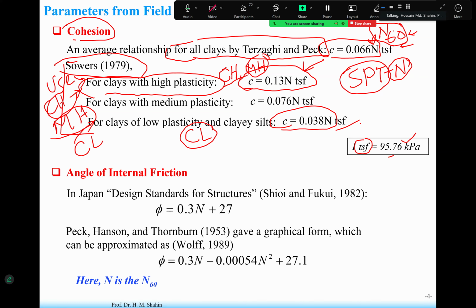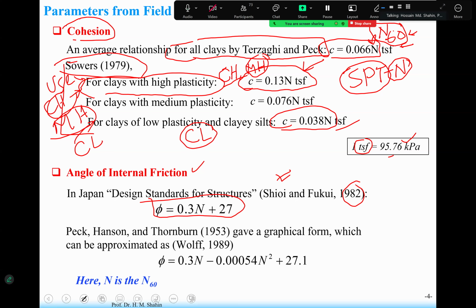Then angular internal friction, as only the SPT N value is given. So for angular internal friction, we will not use this, but for road design, because it was first proposed by Shahin for road design, phi equal to 0.3 N plus 27. It was proposed in 1982.